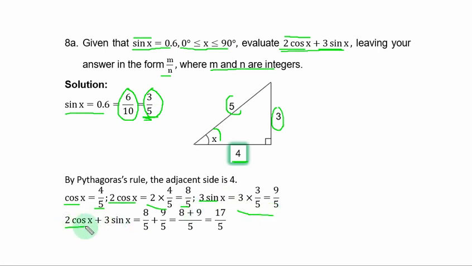Therefore, 2 cos S plus 3 sin S is equal to 8 over 5 plus 9 over 5. You have like fractions. You simply add the numerators over denominator 5 and you have 17 over 5. Now in the form of m over n.